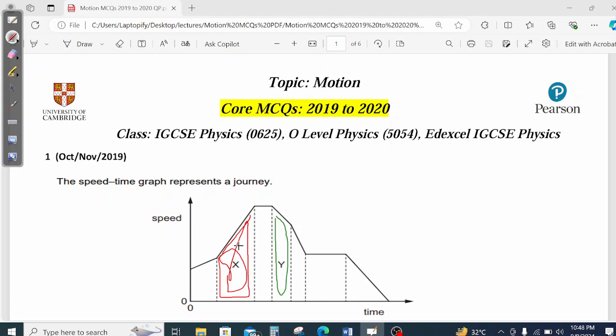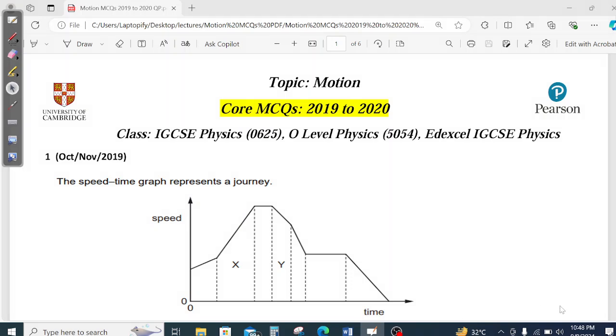So if you look at region X and region Y, the area under the curve of region X is more than the area under the curve of region Y. So it means the distance covered by the object in region X is larger than in Y. I have mentioned here the hint of that question.